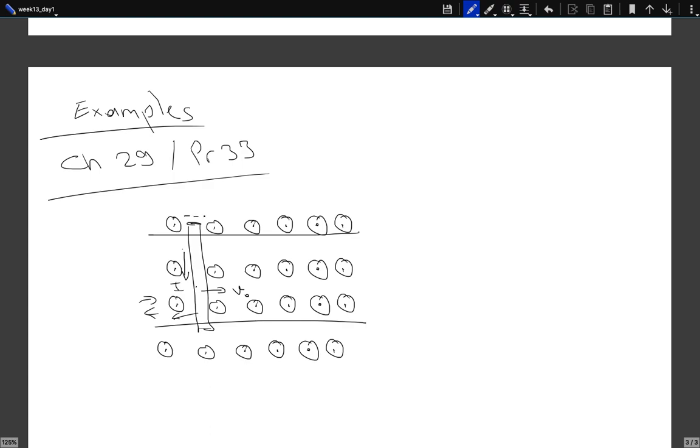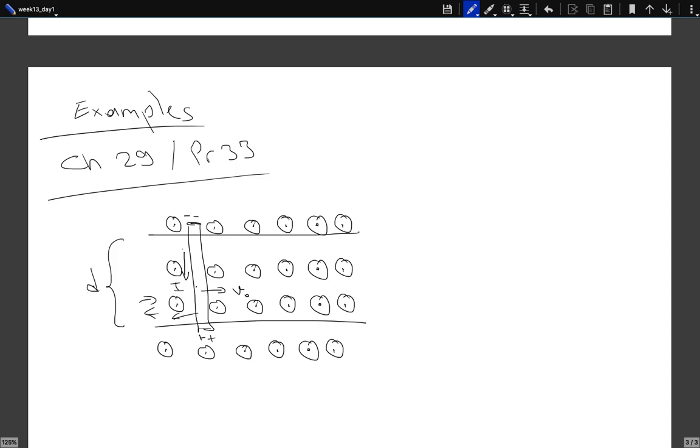In the bottom end, it's not that the positive charges went to the bottom end, but the negative charges on the bottom end moved up. So the number of negative charges on the bottom is now reduced, which means that the bottom end will be positively charged. Let's say this whole distance is d. So we get an electric field created.